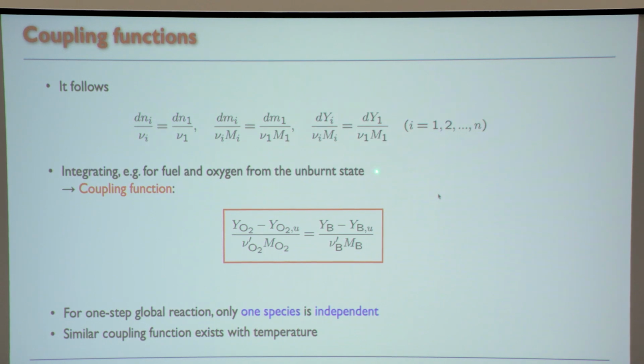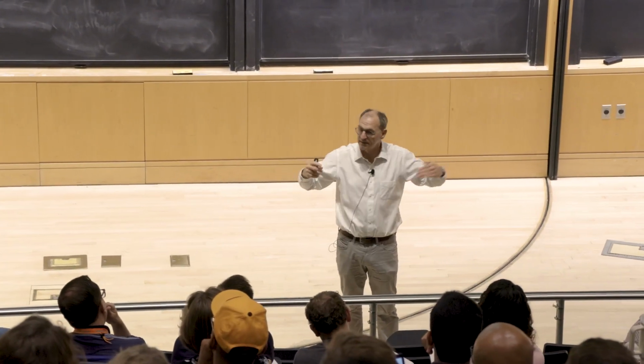And here comes the interesting thing. Now take I to be oxygen and the reference species fuel. Then I can integrate this over a reaction. Take a container, it has fuel and oxygen, so it's an initial state.